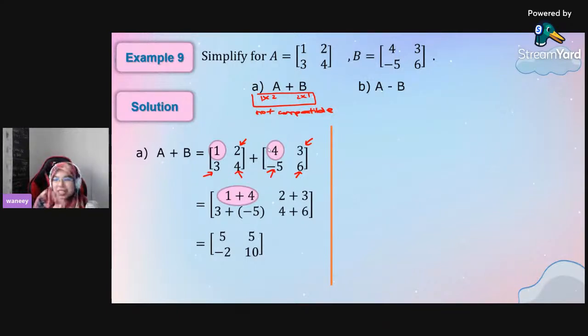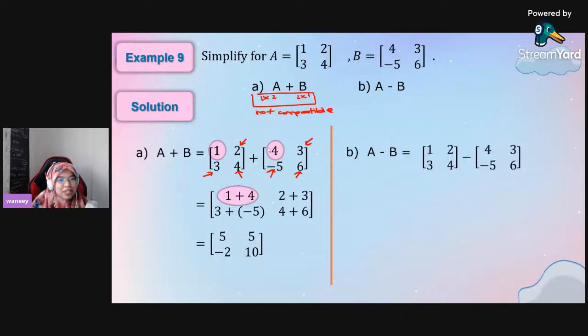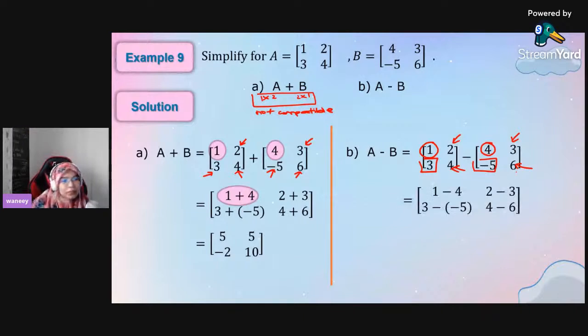So now the second one is A minus B. Write down the A first and then you subtract B. Similar thing, we should do the subtraction between the same entries. So this is 1 minus 4, and then 2 minus 3, and then 3 minus negative 5, and then 4 minus 6.